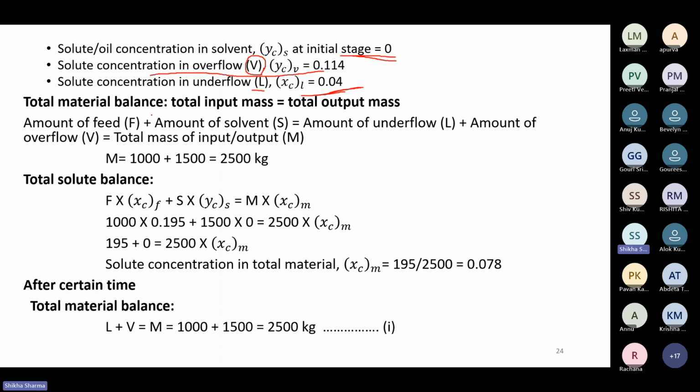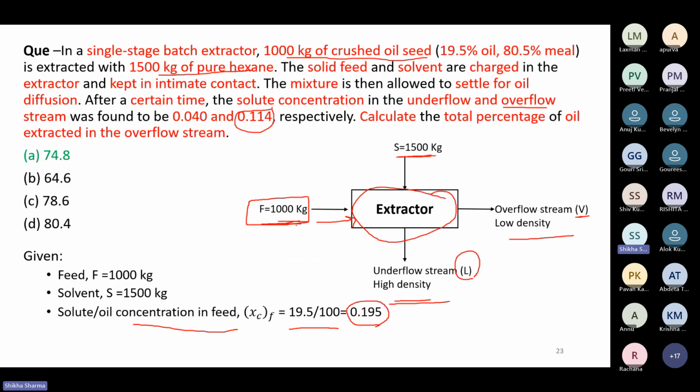Now if we apply the total material balance, total input mass equals total output mass. Input is feed and solvent.